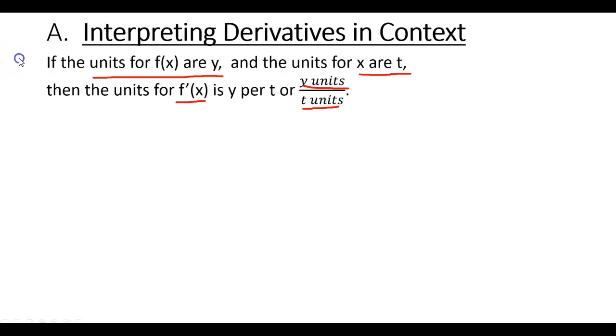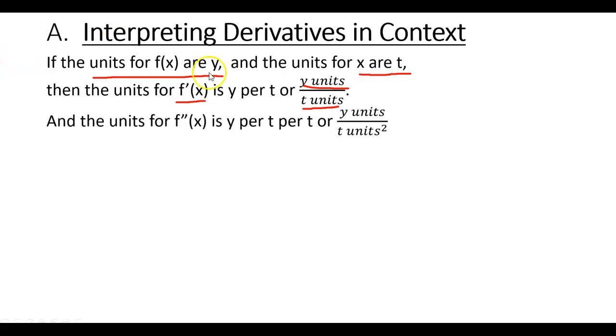So let's give an example for that. Well, before I do, we'll talk about the second derivative. So then the second derivative would be y per t per t. So every time you take a derivative, your whatever units are the inside variable, in this case t, every time you take a derivative, you get a t unit on the bottom. So the first time you take a derivative, you get 1 t unit on the bottom.